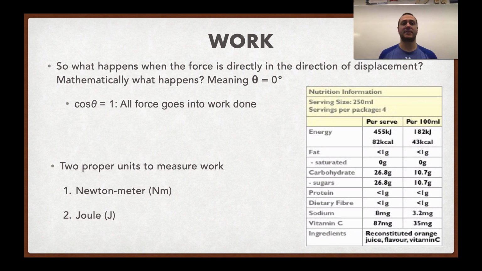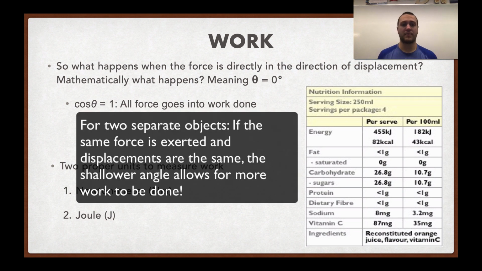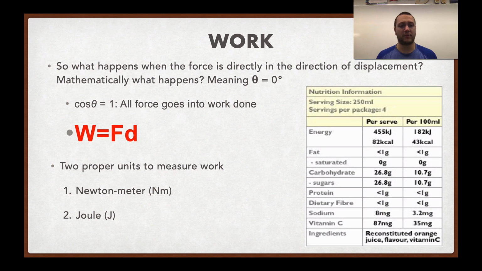It makes it easier to accomplish work because you don't need to generate as much force when the angle is lower. You can generate a lower amount of force when that angle is shallower to get the same amount of work done. Comparably, in our formula, the cosine of theta drops out at 0 degrees because cosine of 0 equals 1.